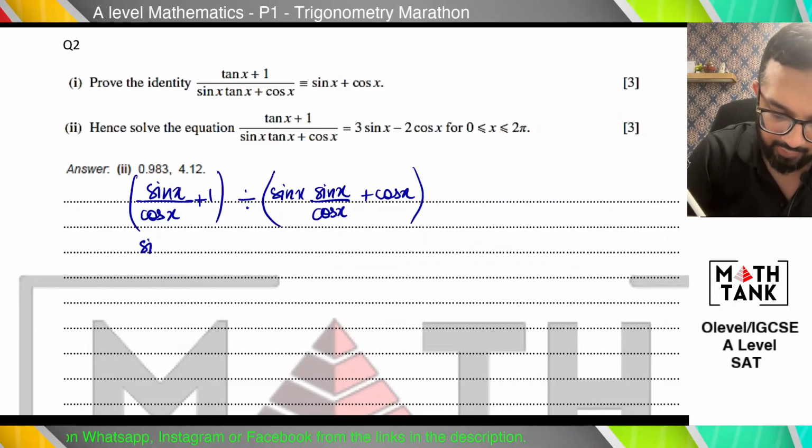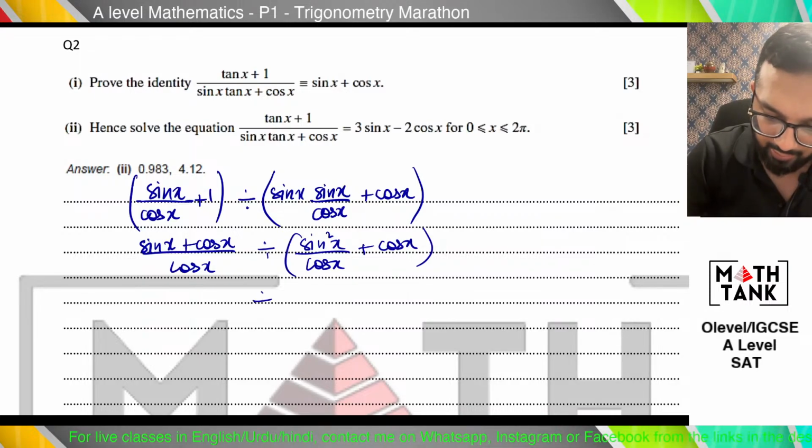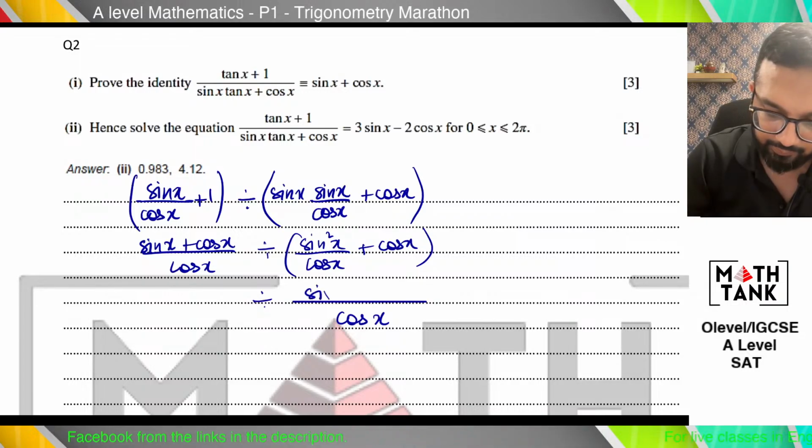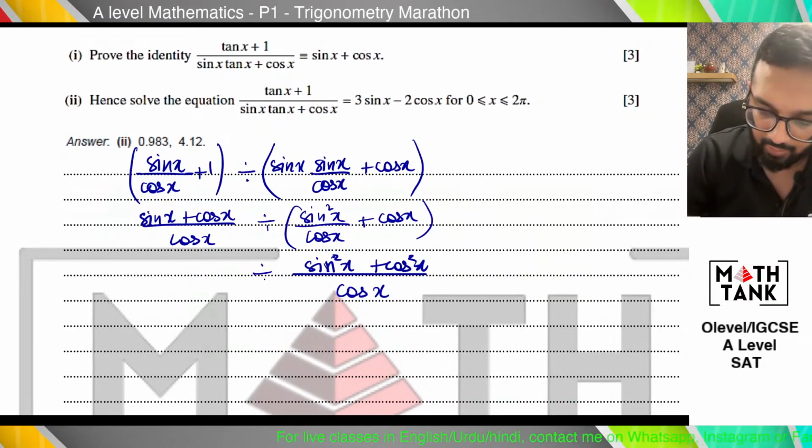If I take an LCM, I get sin x plus cos x divided by sin square x over cos x plus cos x. I can't yet take a reciprocal because I don't have a common denominator here. So cos x gives me cos square x.